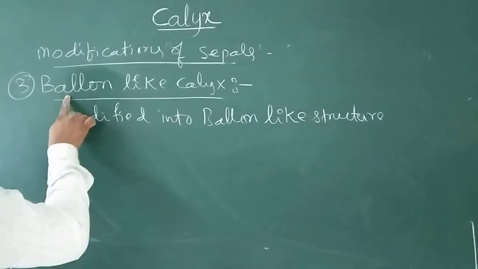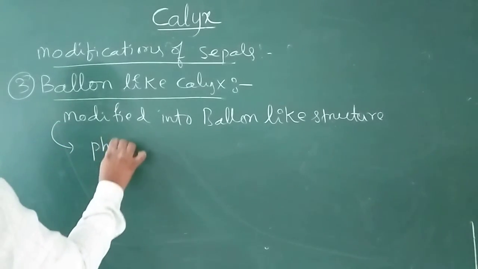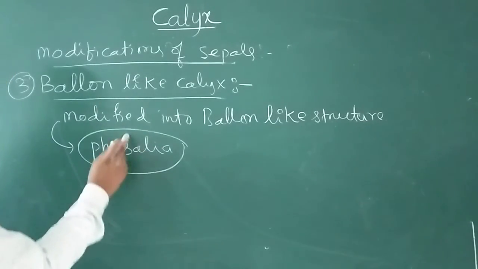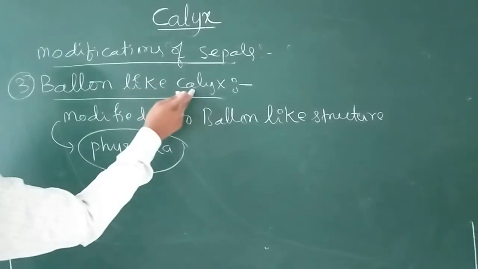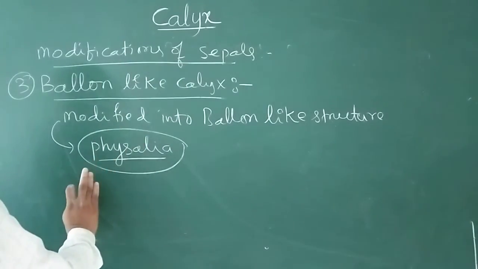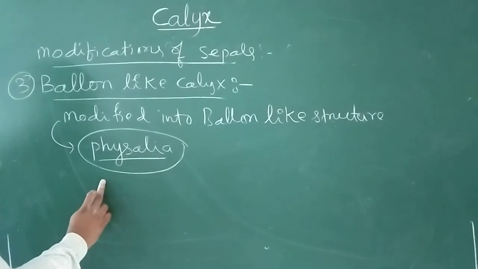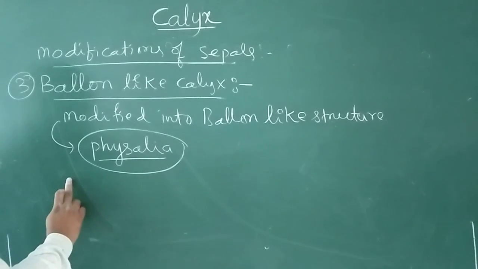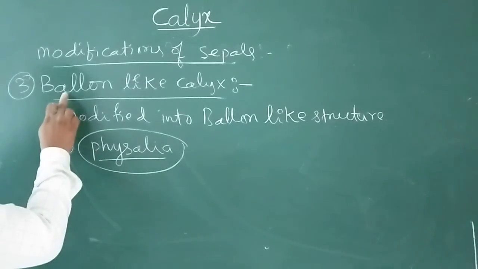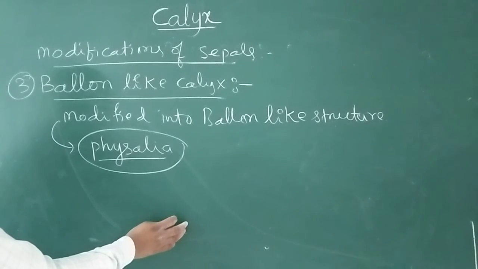It is observed in Physalis. In Physalis plant flowers, the balloon-like calyx is observed. Okay? So these are the modifications of the sepals. Some sepals are modified into petaloid, some into pappus, and some into balloon-like structures. These are the three types of modifications of the sepal.